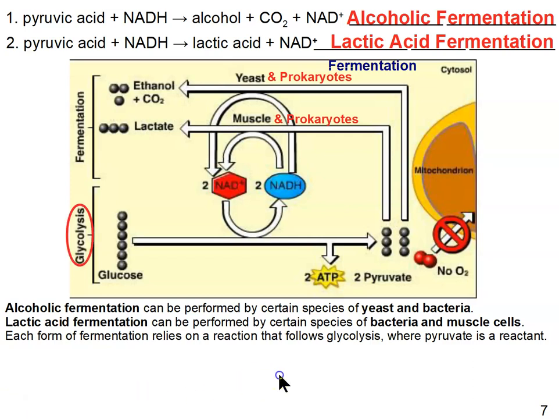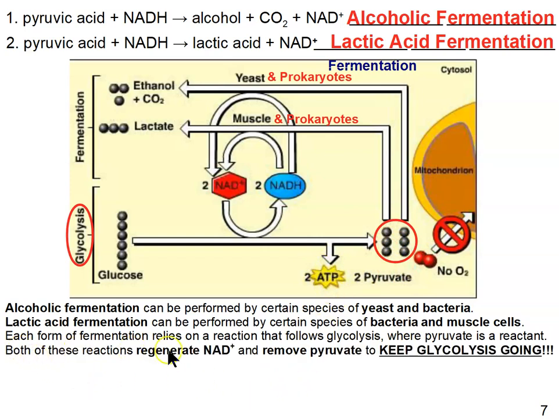So glycolysis is producing pyruvic acid or pyruvate and producing ATP, but both of these need to regenerate NAD+, right, to keep glycolysis going. NAD+ is a reactant in glycolysis, and without NAD+, glycolysis is going to stop, and fermenters are not going to be able to make ATP.